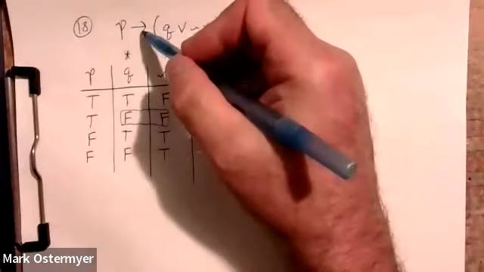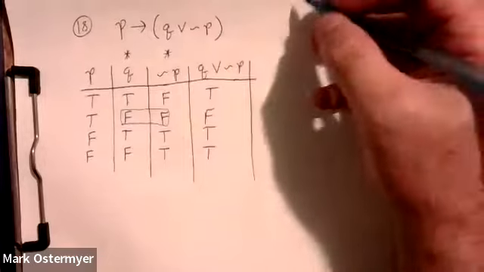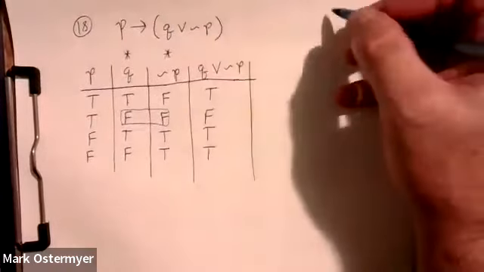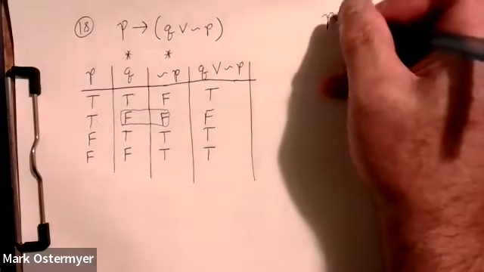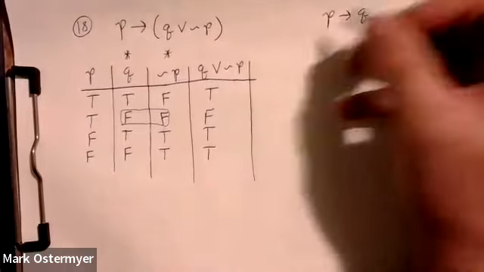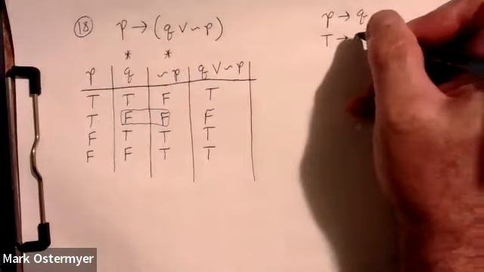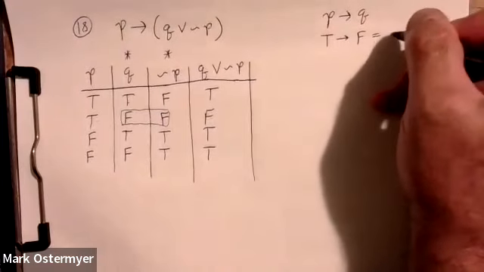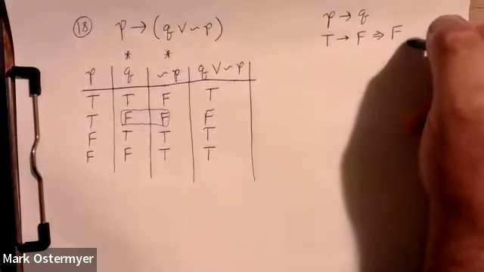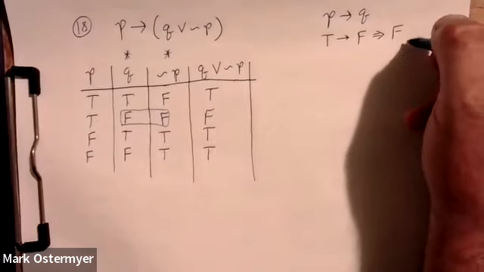Now we deal with the conditional. And keep in mind, when is a conditional false? The only time a conditional is false is if the antecedent is true and the consequent is false. This is the only time that a conditional is false. All other times, it's true.